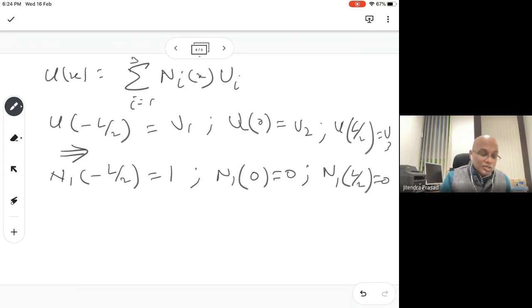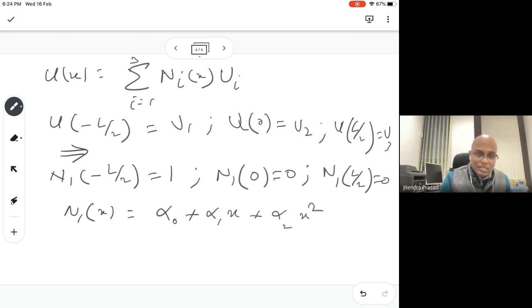Yeah. So how is it possible? You are giving three conditions. It means N1 should have 3 coefficients. So that N1 has to be equal to, let's call it, alpha 0 plus alpha 1 x plus alpha 2 x square.